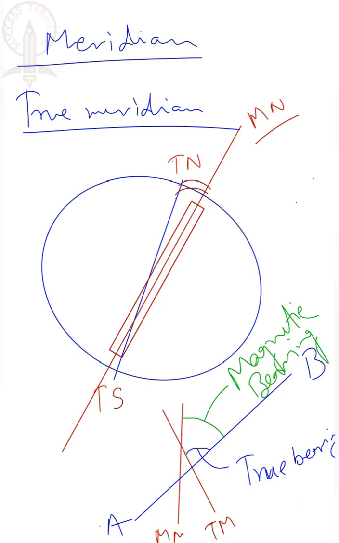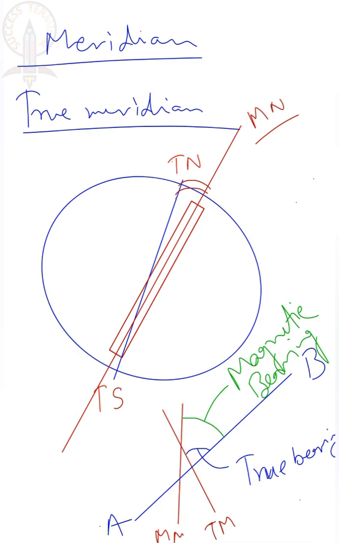Arbitrary meridian is nothing but when we are assuming a meridian for ease of work, when we are using a total station, then we use this arbitrary meridian instead of magnetic meridian or true meridian. Therefore this arbitrary meridian is the same as the arbitrary benchmark you have written. I think you know it from earlier.